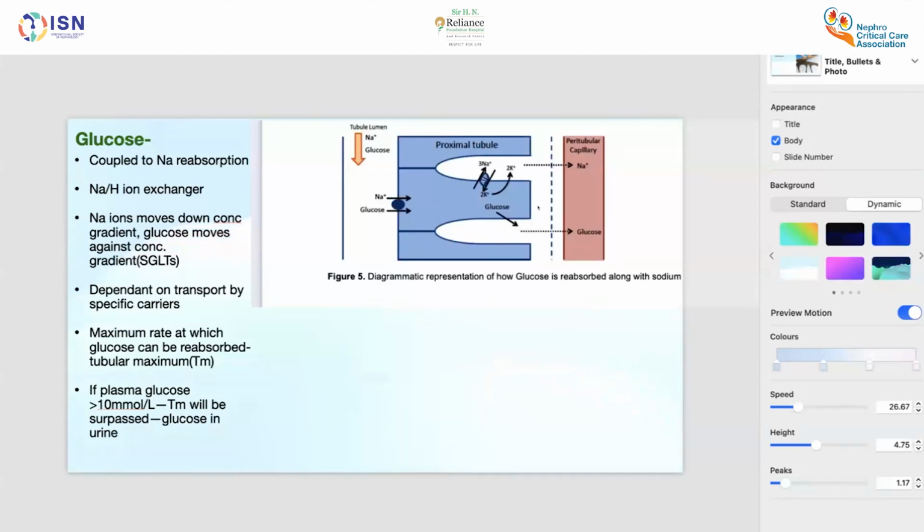This is dependent on transport by specific carriers. So the maximum rate at which glucose can be reabsorbed is called the tubular maximum. If the plasma glucose is more than 10 millimole per liter, then the tubular maximum will be surpassed, and glucose will be found in the urine.